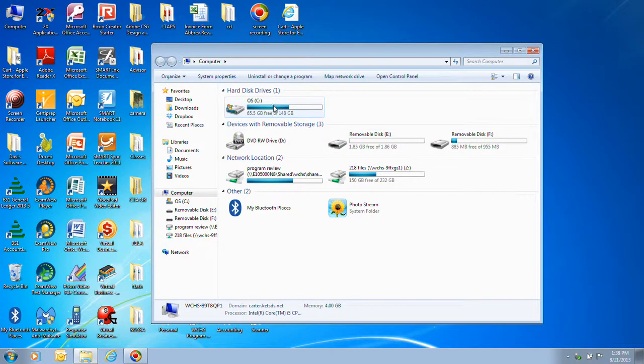And notice that it went from C to D, E, and F. To show you the preview pane down here as well, you can take a look at my hard drive here, and notice I have a 148 gigabyte hard drive, and I only have 65.5 gigabytes of space left, so I'm using a little bit over half. You can adjust this. If you put your mouse pointer over this on Windows 7, you notice that it says I've used 56%, so that's a little bit over half.